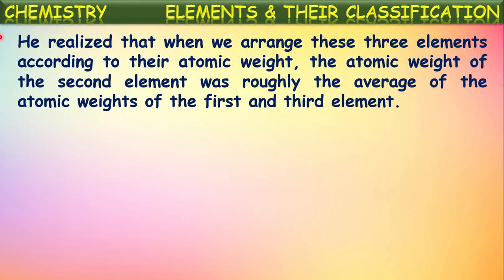So he realized that when we arrange these three elements in the increasing order of their atomic weight, the atomic weight of the second element was roughly the average of the atomic weights of the first and third elements.